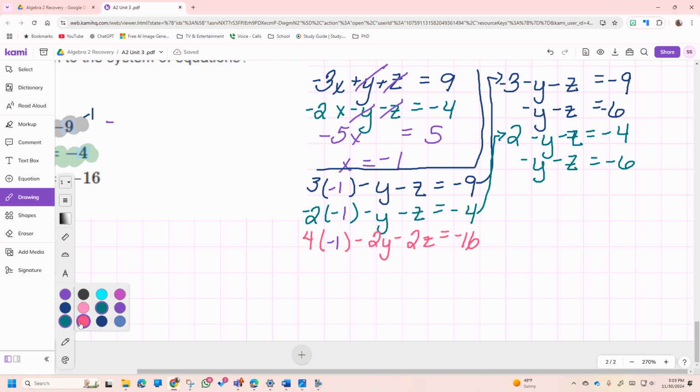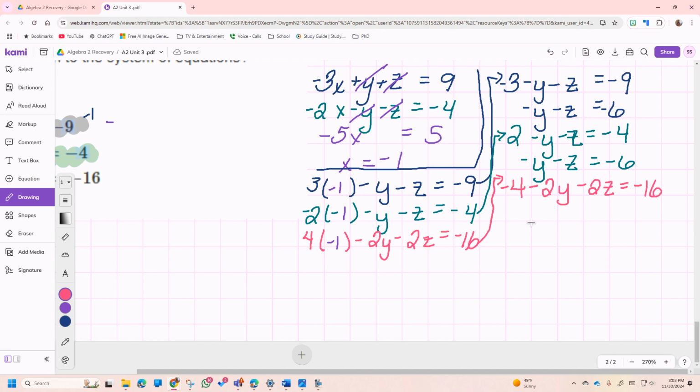Let's do the last one. This is our pink one. So -4 minus 2y minus 2z equals -12. Oops, that's me skipping ahead again, thinking of the answer.